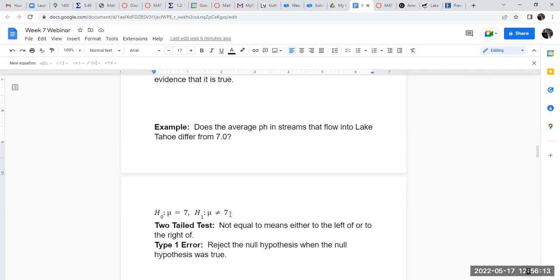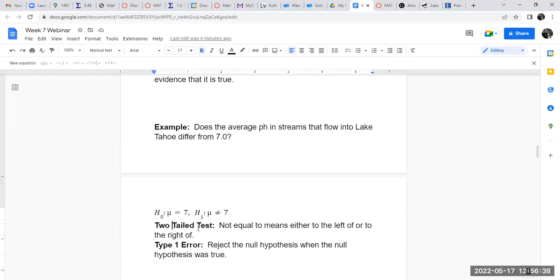And if you have really high pH, it's called basic, which is bad also in a different way. So again, I don't expect you to know the chemistry, but I was a chemistry minor, so I do know that stuff. But you can trust me. Any questions on this idea? Okay, so we're doing a two-tailed test because of this not equal to sign. Is that clear?